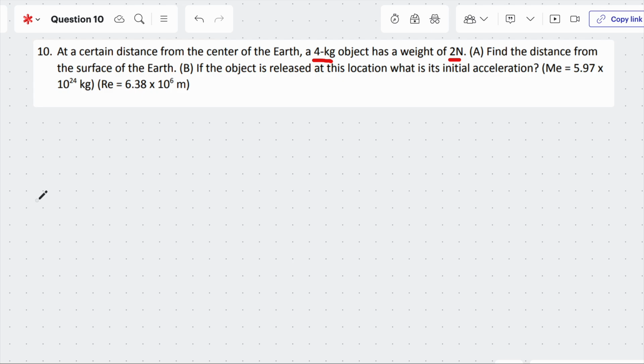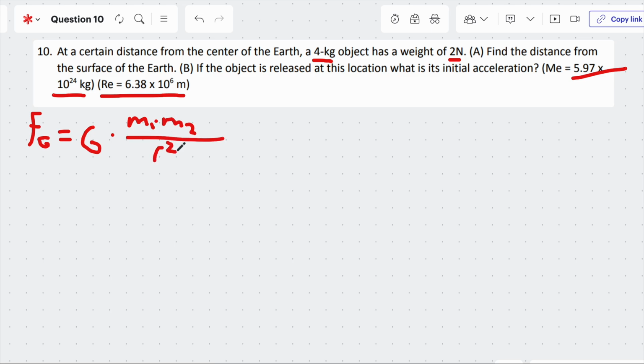So there's 2 ways we can go about this. We're given the mass of the Earth and the radius of the Earth. We're going to use our force of gravity equation. That's our big G times mass of object 1 times mass of object 2 over radius squared.